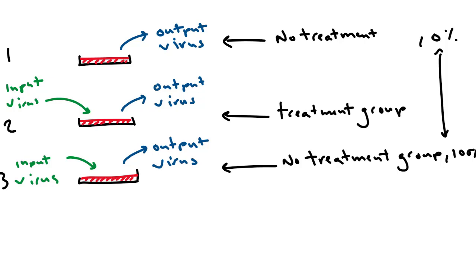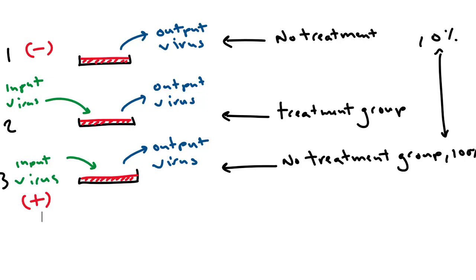So I need to have the 0 and this 100% so that I can measure how well the drug I'm using is working. Now, number 1 would be my negative control in this case. So this is the negative control. And number 3 would be my positive control.